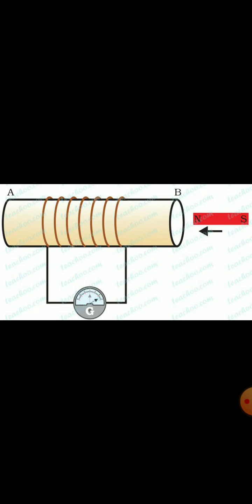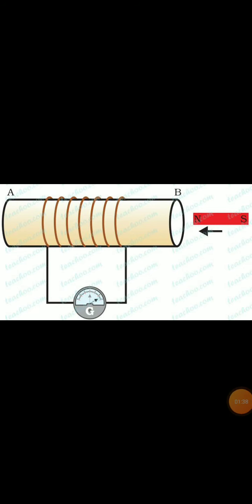This type of current is called induced current. What type of current? When a conductor is placed in the magnetic field. And which type of magnetic field? Changing magnetic field. And then the current which is produced is known as induced current. And this phenomenon is known as electromagnetic induction.